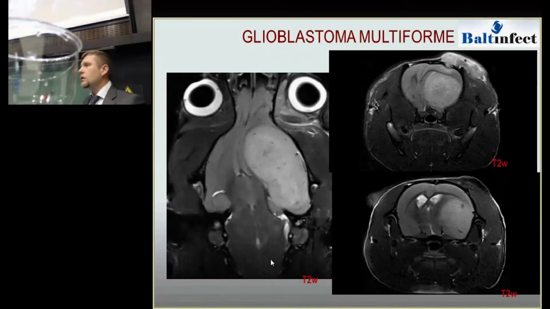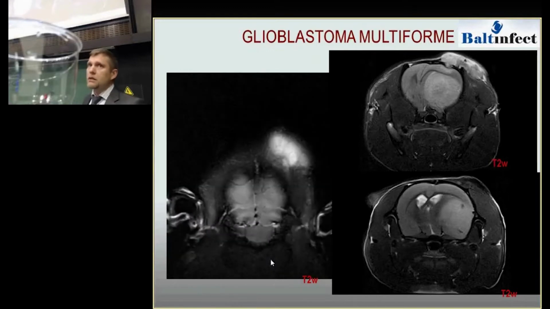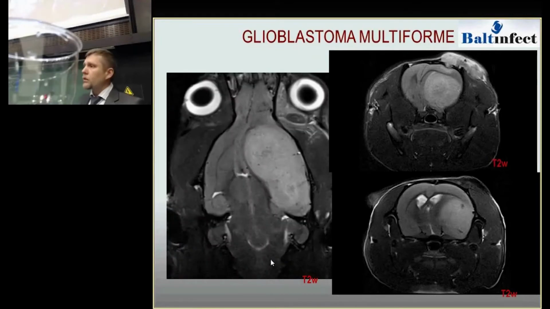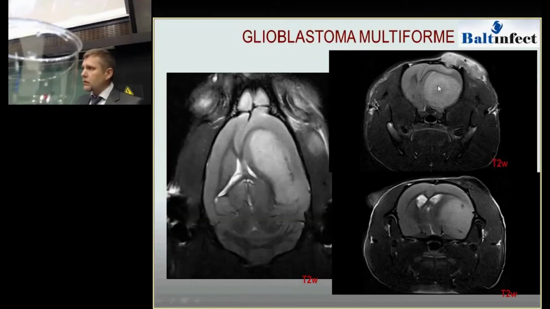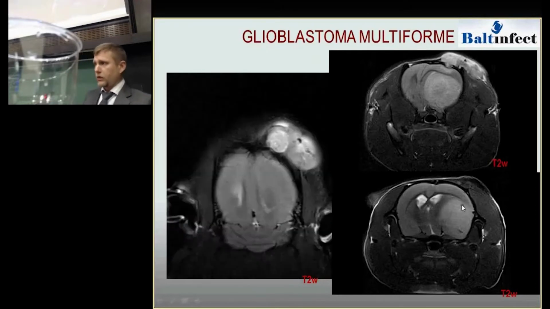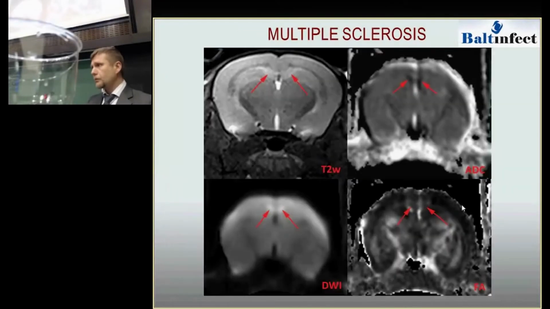We have glioblastoma multiforme in rats using C6 cell lines. It's a high-grade glioma. You can see a huge glioma here 24 days after stereotactic implantation.